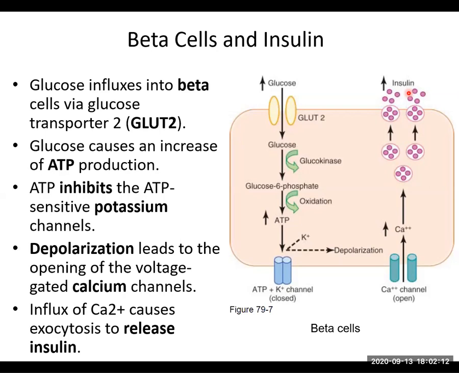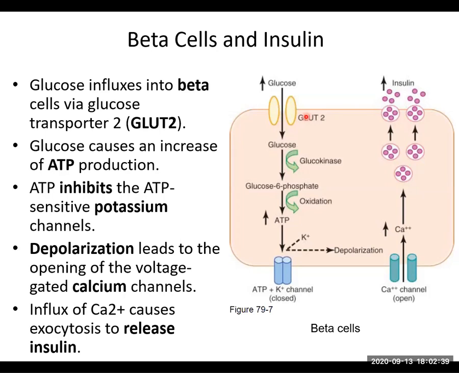What you need to memorize here is this channel, GLUT2. Later you will learn that we have two types of glucose transporter, GLUT2, and the other one is called GLUT4. GLUT2 is open basically all the time.